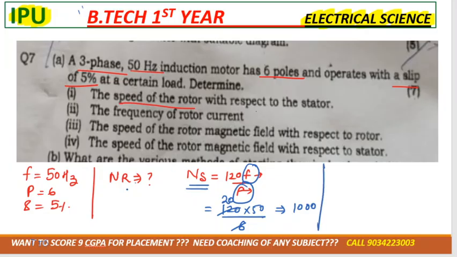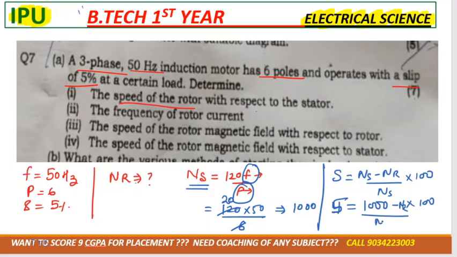Now after that we need to calculate nr, that is slip times ns multiplied by 100. ns we calculated as 1000. Slip is 5%, 5 by 100. Here we can get the value for nr, and that is the speed of the rotor.